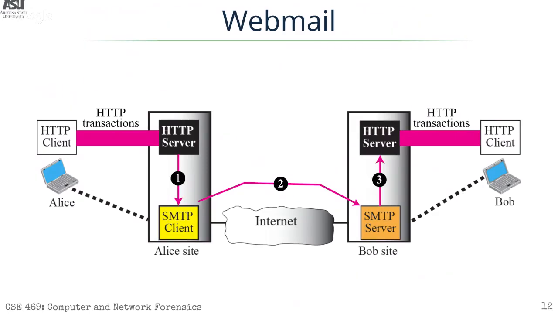Yes? I thought SMTP was only for outbound, so why would the SMTP servers be talking to each other? Okay, so SMTP is the protocol, right? And SMTP server is just another way of saying email server.